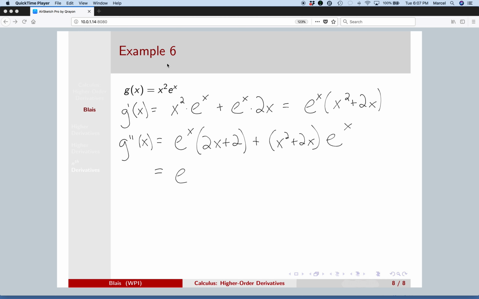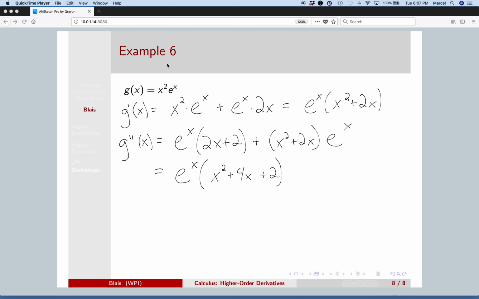Again, let's factor. E to the x is common. We have an x squared plus 2x plus 2x. So x squared plus 4x plus 2. And you can see how things are getting even more involved.